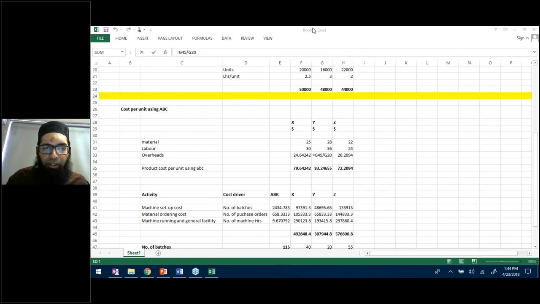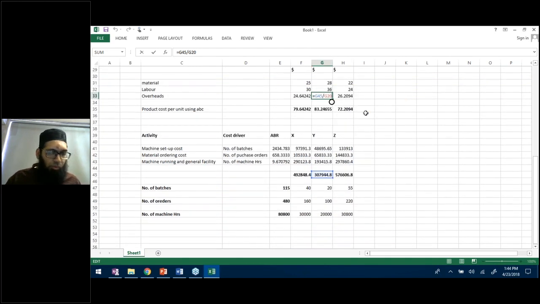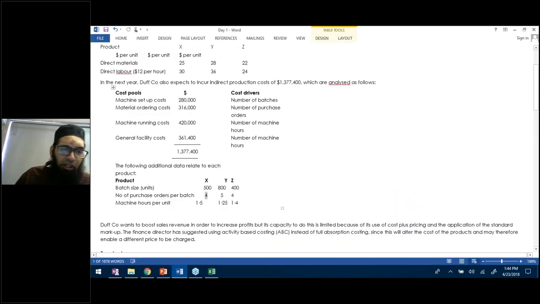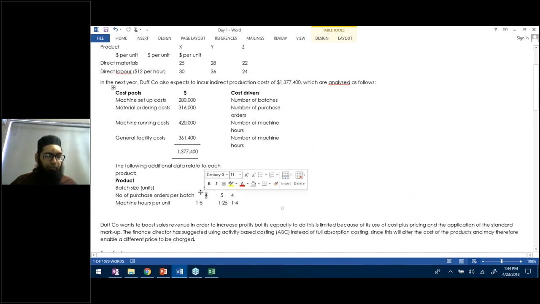Now one of the students has asked me, kindly repeat the number of orders calculated. Here, if you can see the information, it was the number of purchase orders per batch. So the 4 orders were for the one batch.